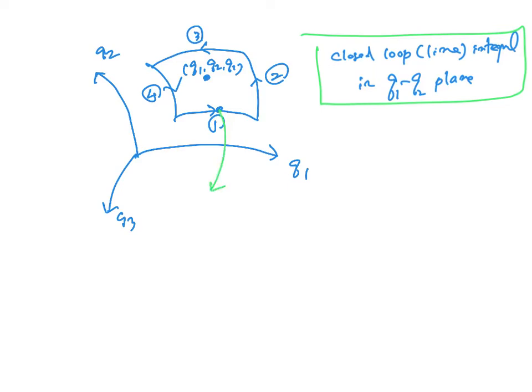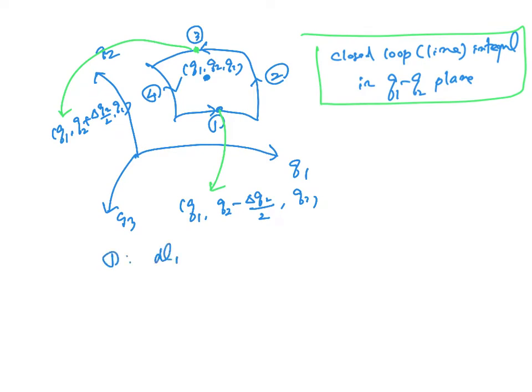So here this is Q1, Q2 minus delta Q2 over 2, Q3, and this is Q1, Q2 plus delta Q2 over 2, Q3. So dL1 is H1 dQ1.